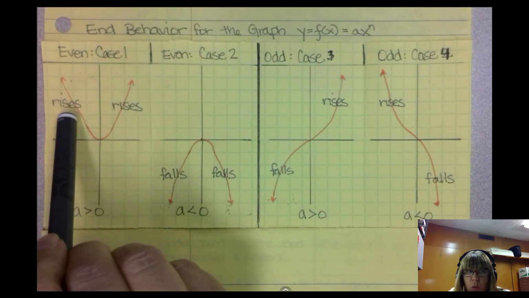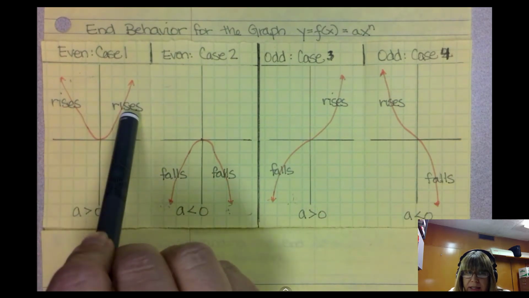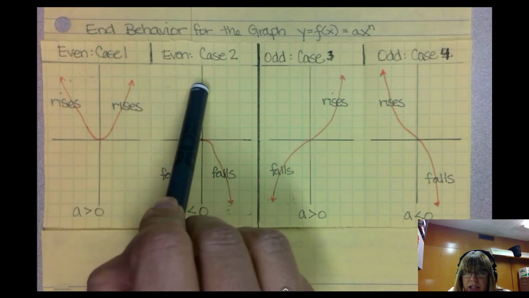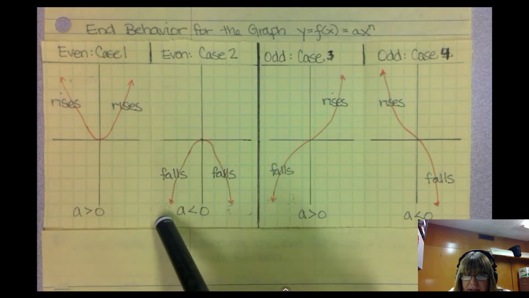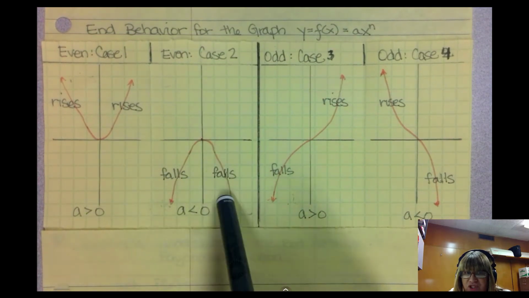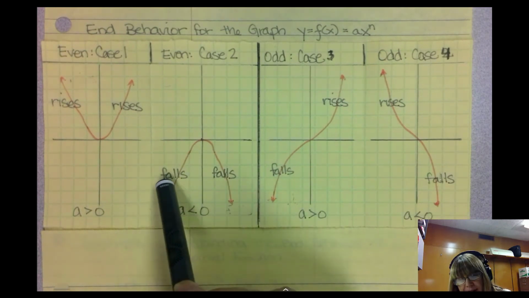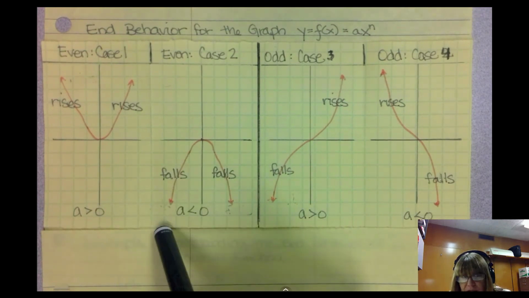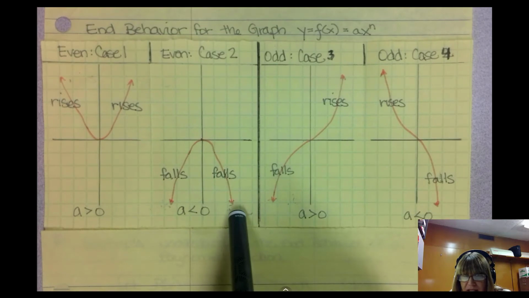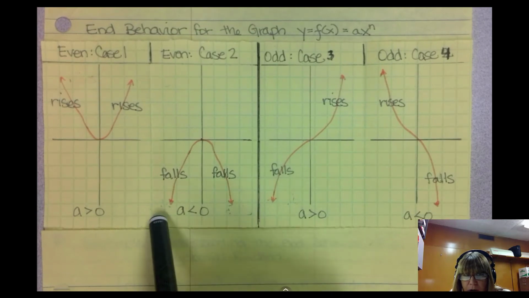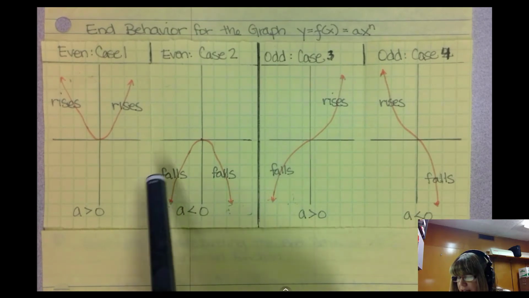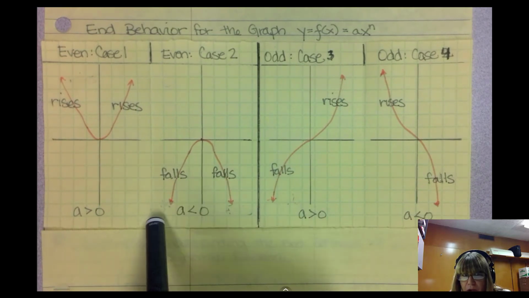That means it rises on the left and it rises on the right. In case 2, it falls to negative infinity on both sides. So on the left it falls to negative infinity, and on the right it falls to negative infinity. Not that it's an increasing or decreasing function, but look at where the arrows are pointing.